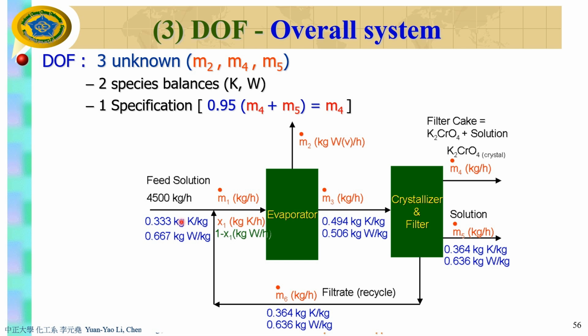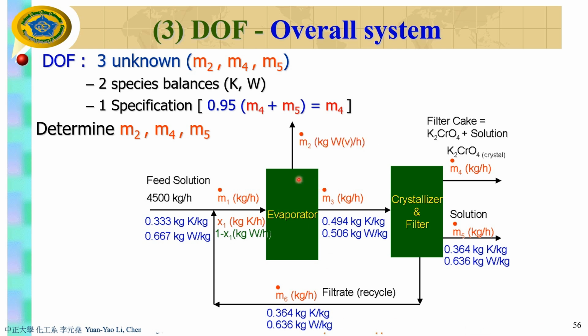Okay, but anyway, you already have enough equations. 3 unknowns, 3 equations, so you can determine M2, M4, and M5. Please do this at home. I don't want to waste your time here. This is very easy.